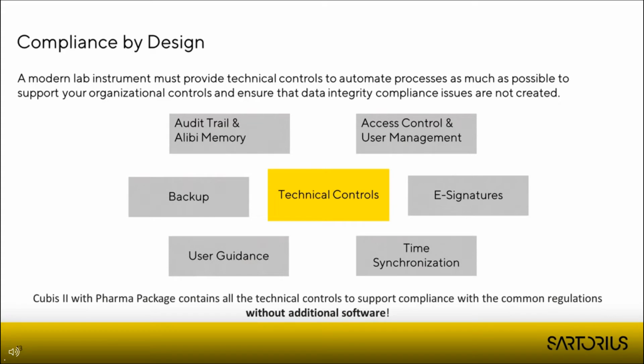So at the end, I would like to summarize all the features that a computerized system should provide to automate processes as much as possible and to support your data integrity initiatives. These are a backup functionality for all the GXP relevant data, like process data, but also audit trails.